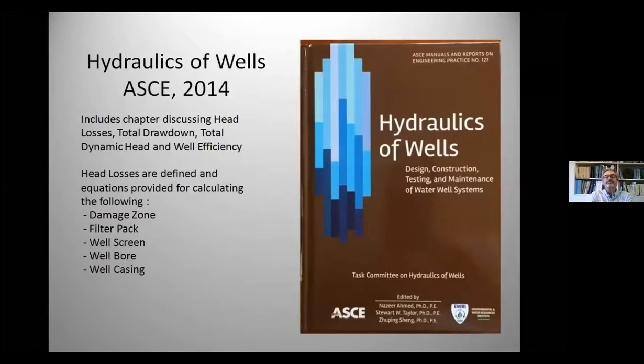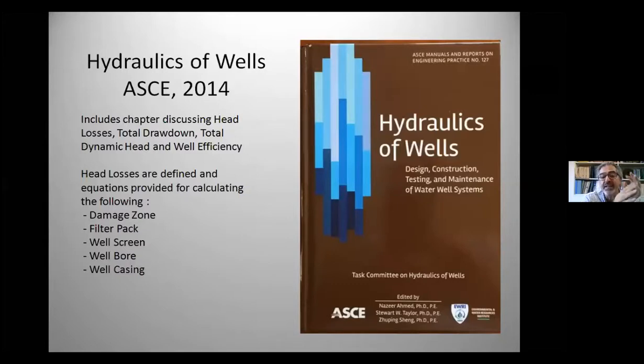Some of the modern textbooks that we can now look to. This one was produced by the American Society of Civil Engineers and published in 2014. The reason I like this book is that it took some of the contributing factors to what I initially showed you in head loss: head losses through the damage zone, filter pack, the well screen, the well bore, and then actually inside the well casing itself.